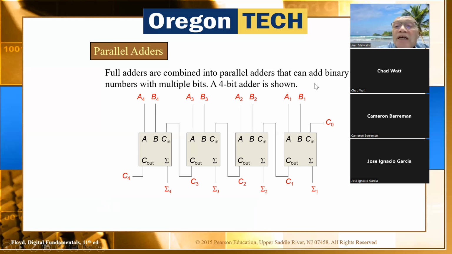From the input side, I am adding 4 A's and 4 B's and the initial carry, so I have 8 plus 1, 9. And on the output side, I am getting 4 plus 1 carry, that is 5.